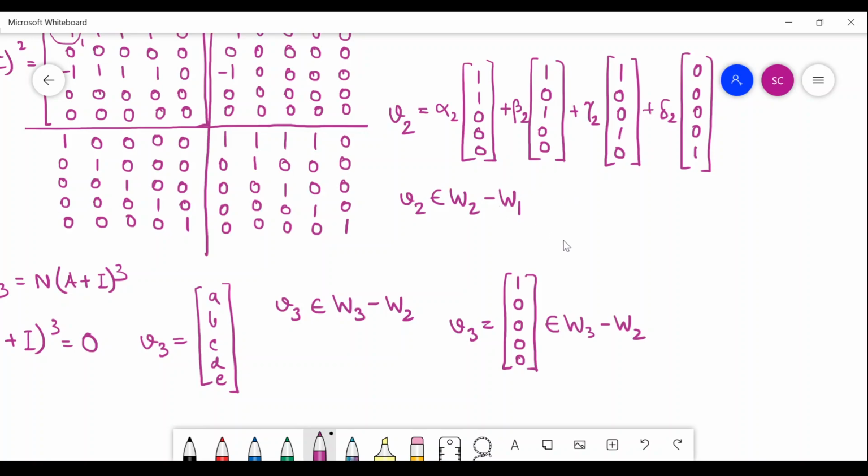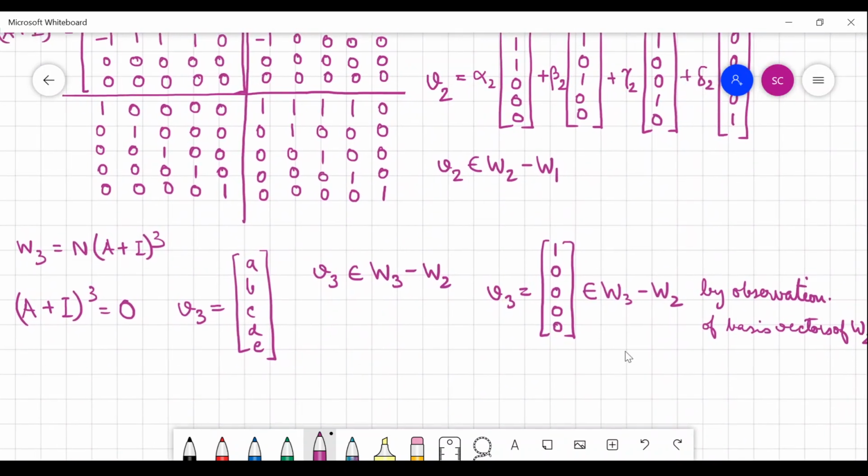This phrase, by observation, is popularly used. So by observation you can say that V3 being chosen like this is in W3 but not in W2. To become more explicit, you can say by observation of the basis vectors of W2.